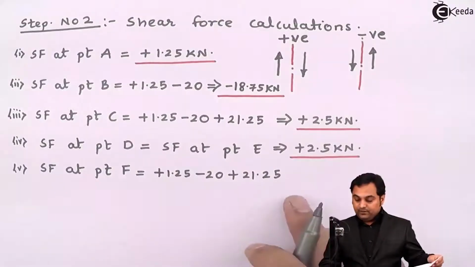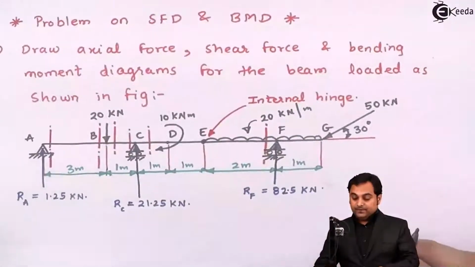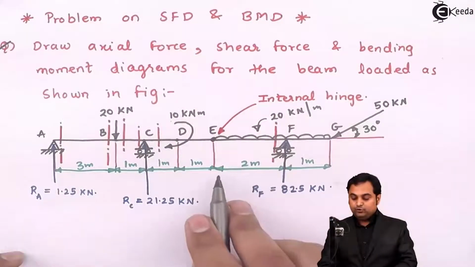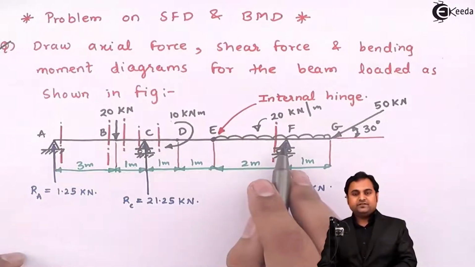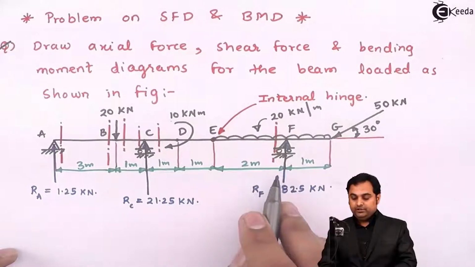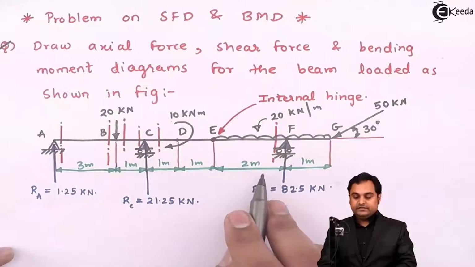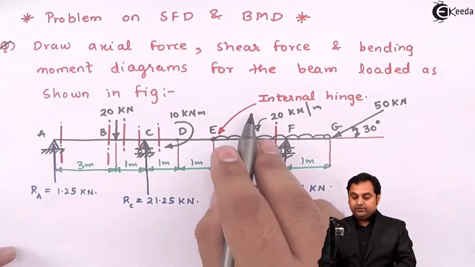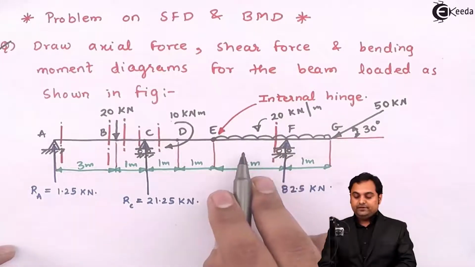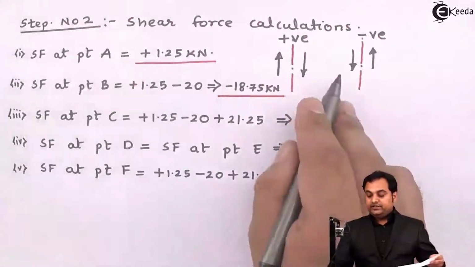Then after reaching here, there is even UDL present in this portion, that is up to 2 meter, because I am taking the section very close to point F, so the distance can be considered 2 meter. So the UDL is acting over this distance and the value is 20. This UDL, when I convert it into point load, will act downward and any force on the left hand side of the section in downward direction is negative.